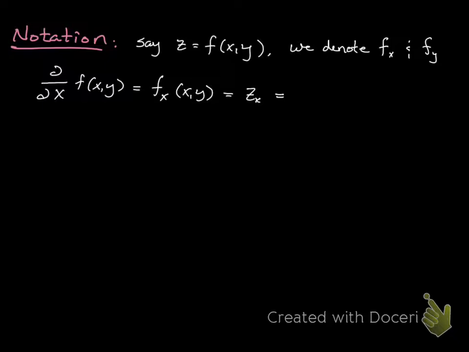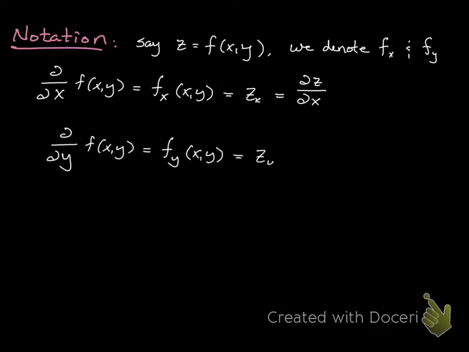If z is my shorthand for writing out f of x y, then the partial with respect to x is z subscript x. You'll also see partial z partial x, and really then the same with y. These subscripts are probably what we use most of the time, but you will also see the partial notation, that curvy d, which I read as partial.